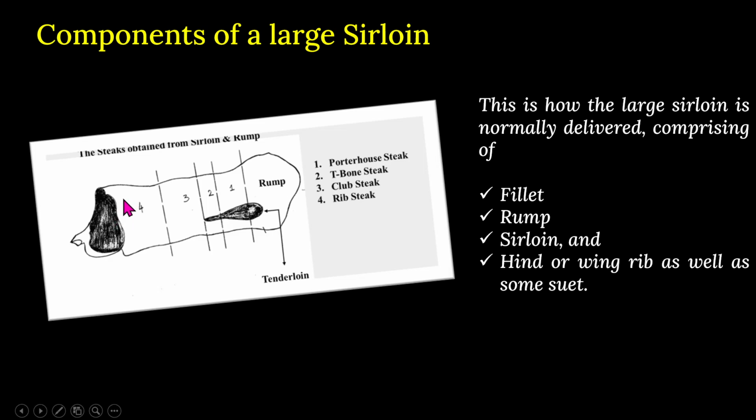The ribs are there and also the suet, whatever beef fat is there, that is known as the suet. The suet is basically the fat around the kidney. Okay, so this is the part of this large sirloin.